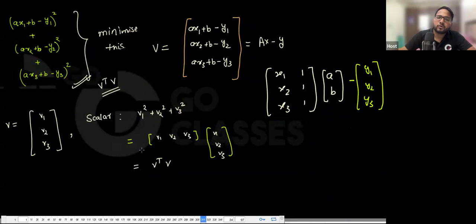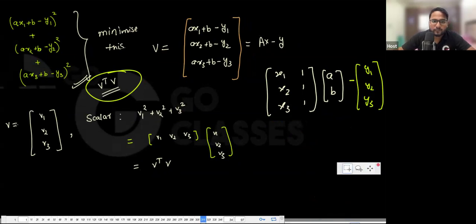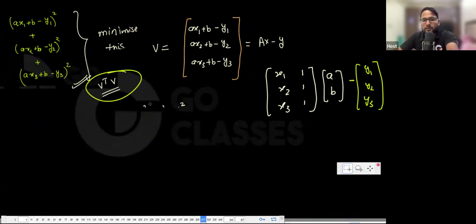Okay. So I can say that this particular scalar is v transpose v, right? So what is v transpose v here? V is actually your ax minus y.